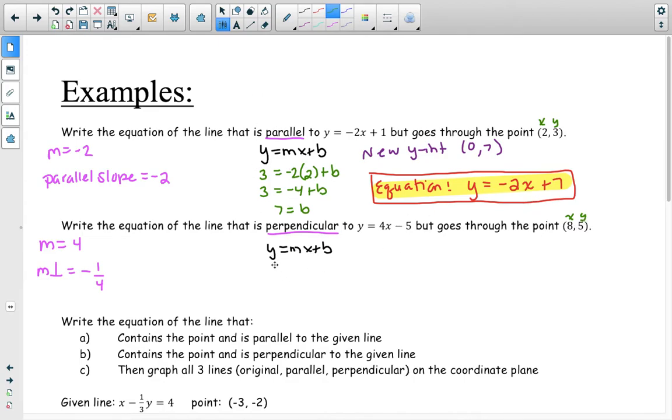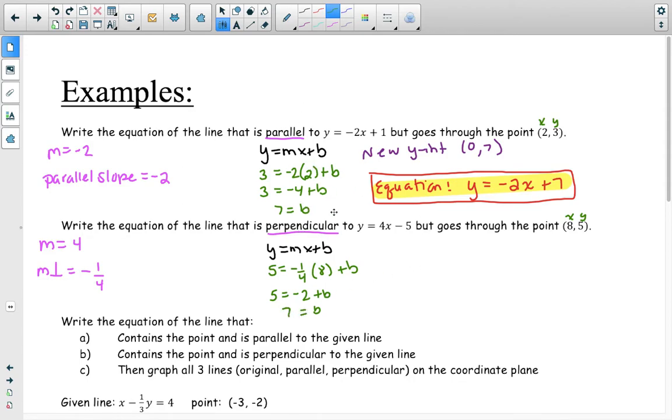Y, the 5, equals our slope that we need to use, the negative 1/4, not the 4, times the x value of 8, plus b because we do not know our b value. Let's simplify. We have 5 equals negative 1/4 times 8, which becomes negative 8 over 4, which is negative 2, plus b. Add 2 to both sides. We get b is equal to 7 again.